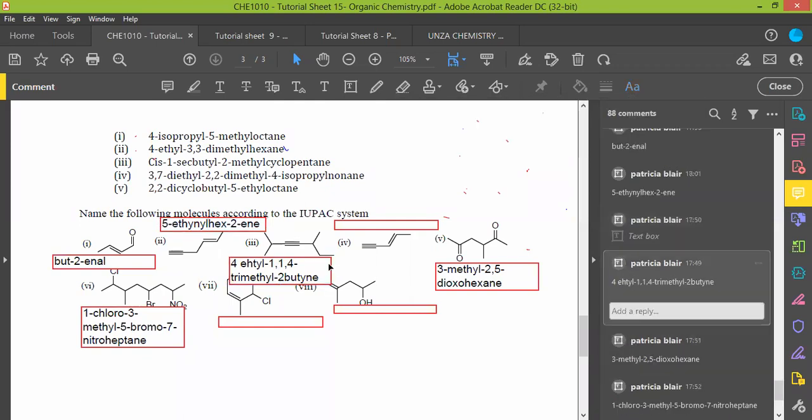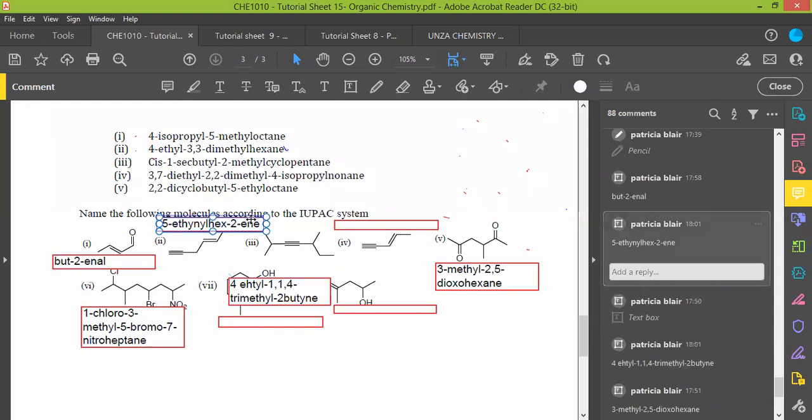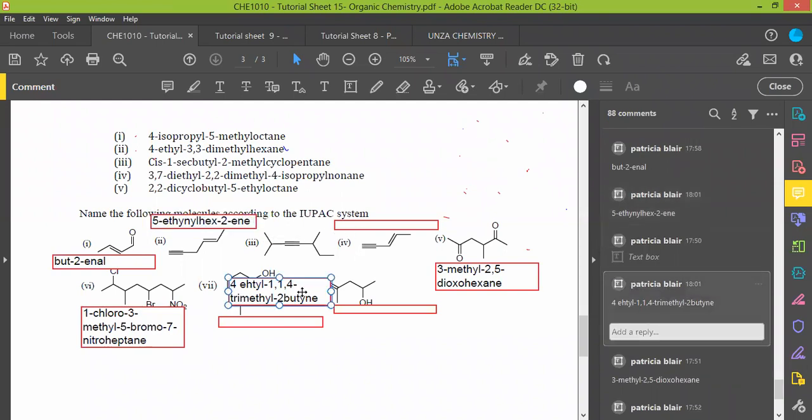When we come to this particular molecule here, let me just move this name a bit. Yeah, so the molecule is clear. So this particular molecule, again, you identified the functional group, giving it the suffix. You were right on that one.